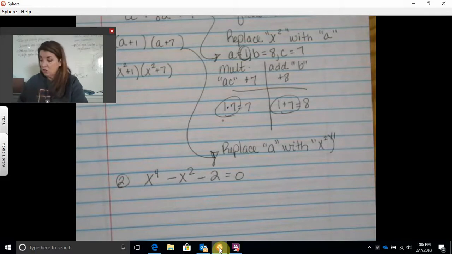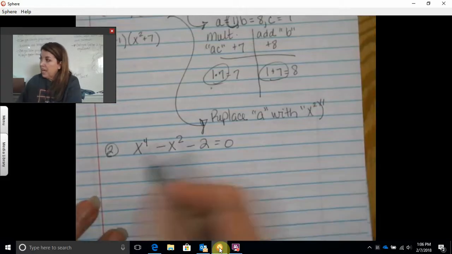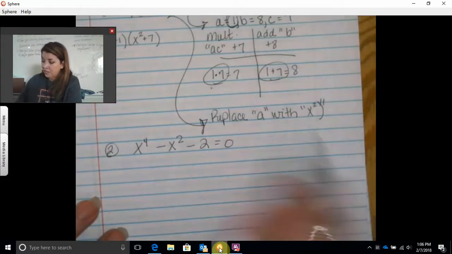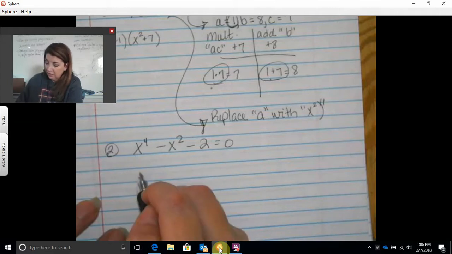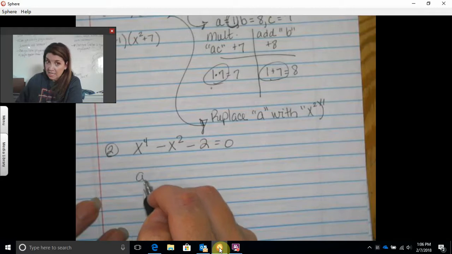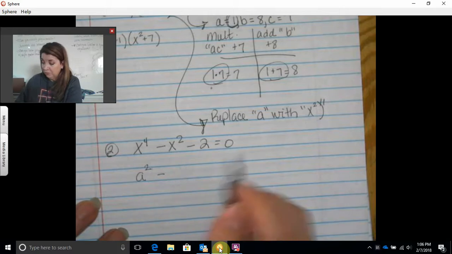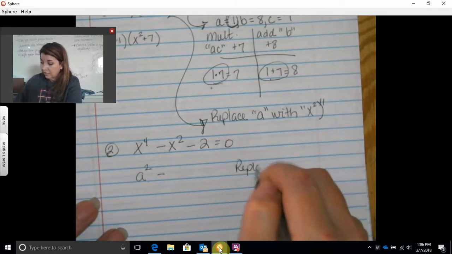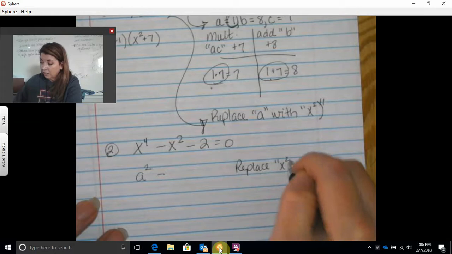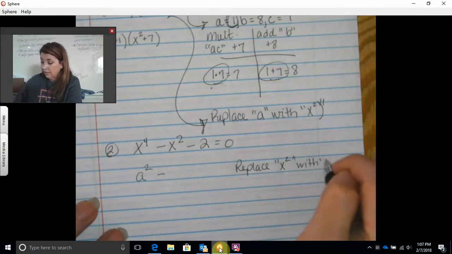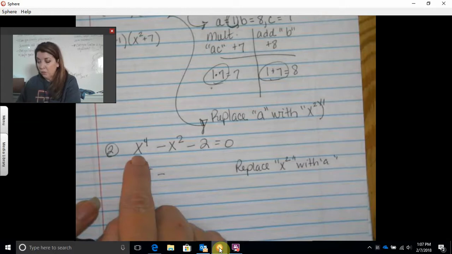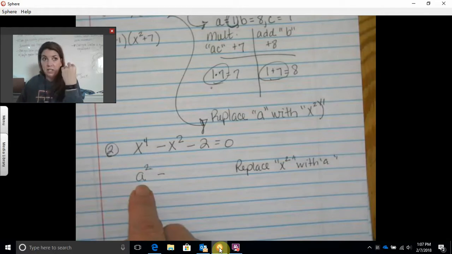All right. So wherever we see an x squared, we replace it with a. So instead of x to the 4th, we'll write a squared, because a squared times a squared.